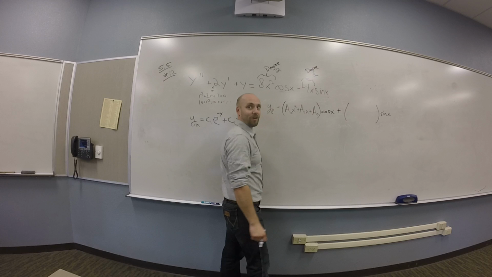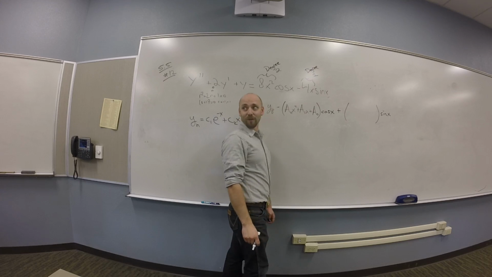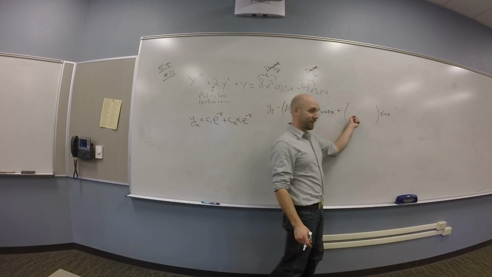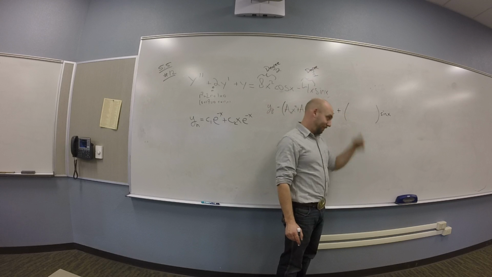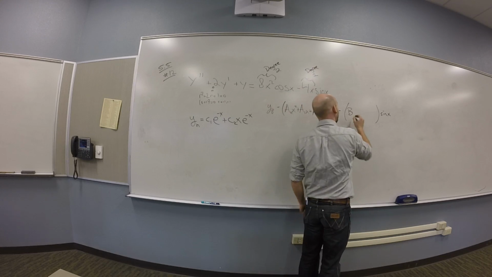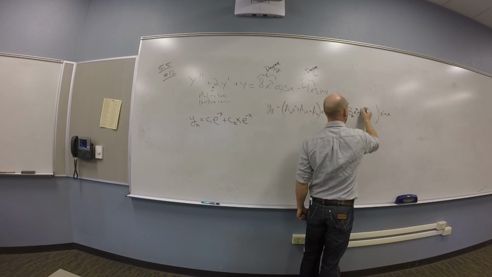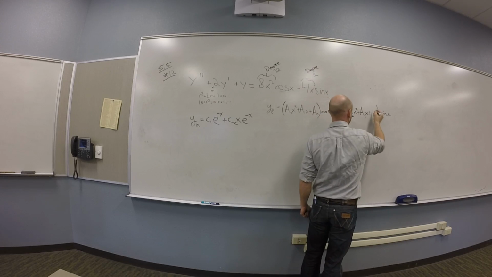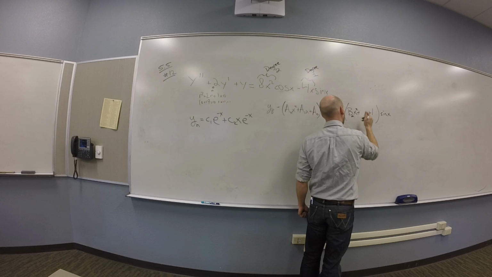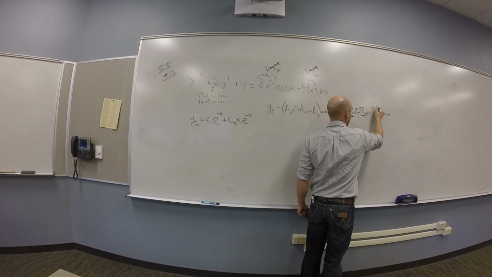Right, you need an arbitrary second degree polynomial for a coefficient. And then in this one, you need one with b's, and you also need a second degree because they switch back and forth. So you got b2x squared plus b1x plus b0.